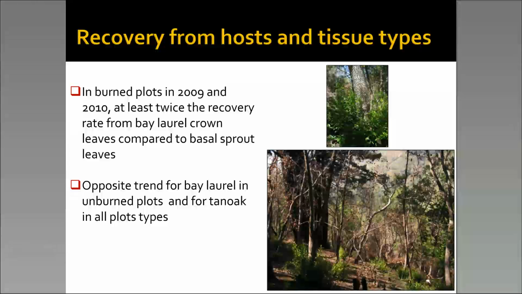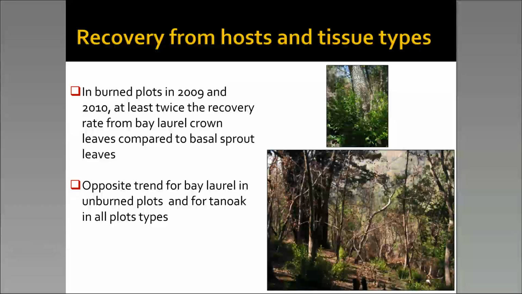I mentioned that when we were sampling tissue, I showed a photo of a bay that was sprouting, and I said we could sample from those sprouts. Likewise, a lot of times we go into burn plots and there was still green foliage on the trees. Some of it was scorched, maybe half the tree would be scorched, but there would be some green stuff in there. So we could sample that, or we could sample newly sprouted vegetation that grew obviously after the fire.